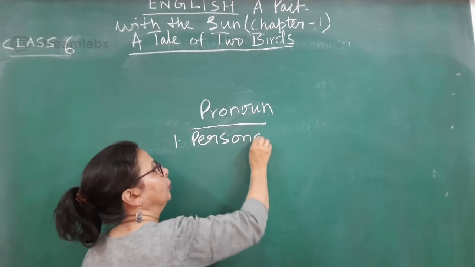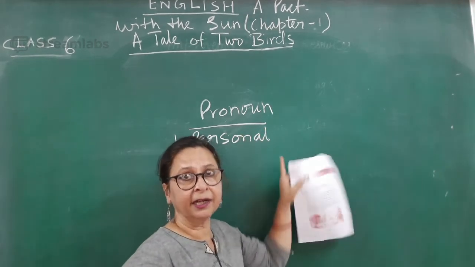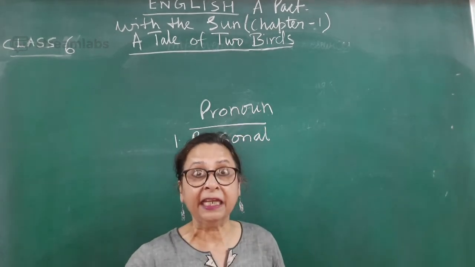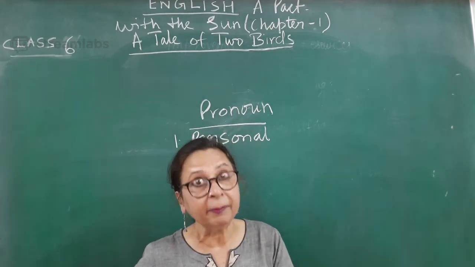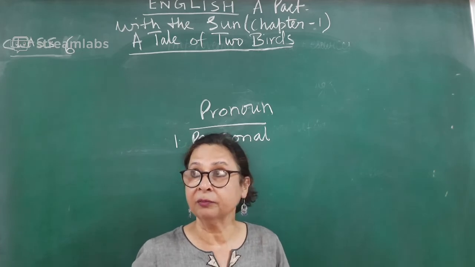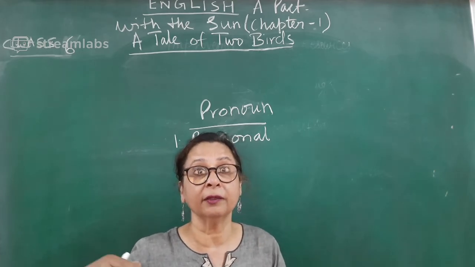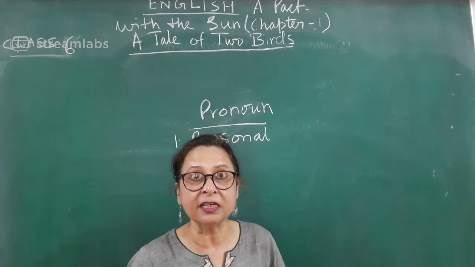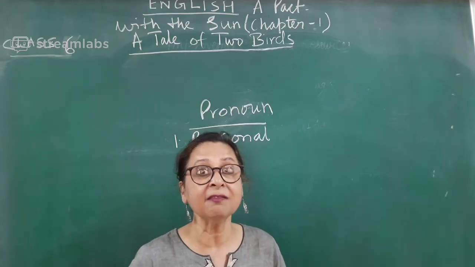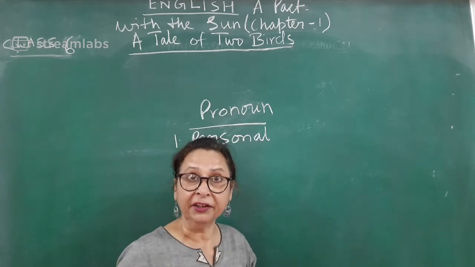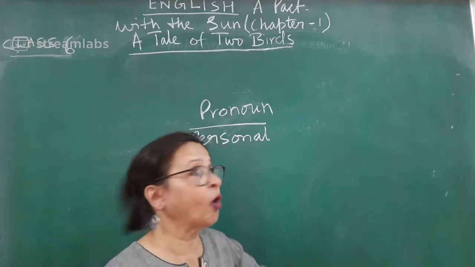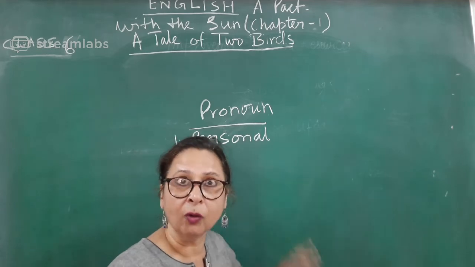Personal pronouns: he, she, it. For non-living beings we also use it, and for animals we use it. And the plural of he, she, it is they. So they all come under personal pronouns.